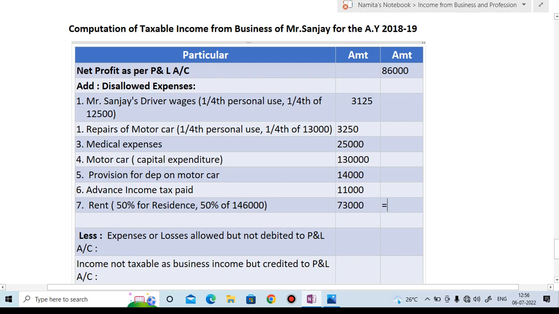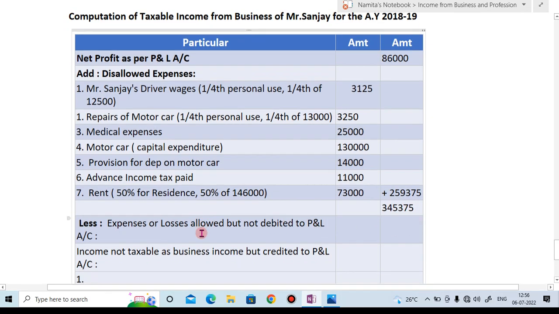So total of all the disallowed expenses is 2,59,375. Now add this to net profit, that means 86,000 plus 2,59,375. Answer we get 3,45,375.